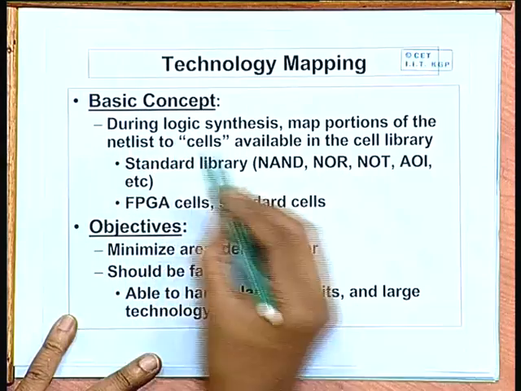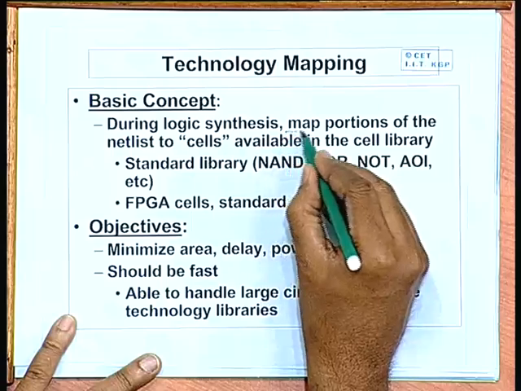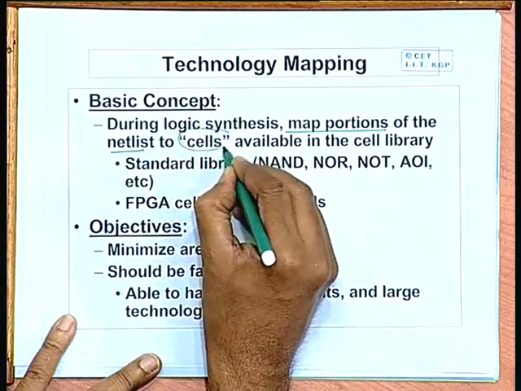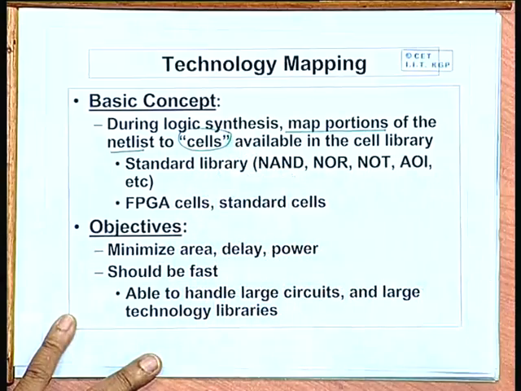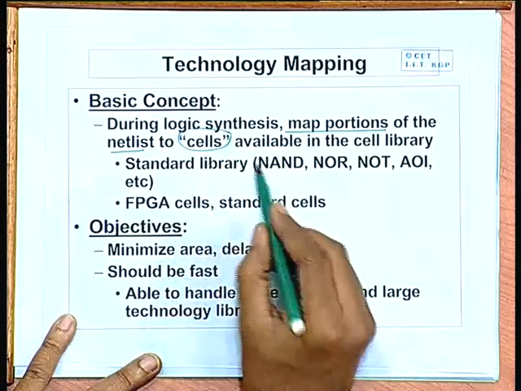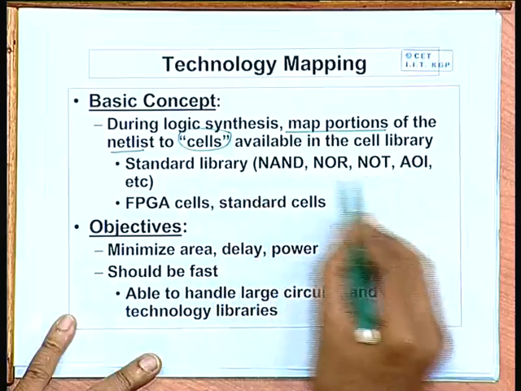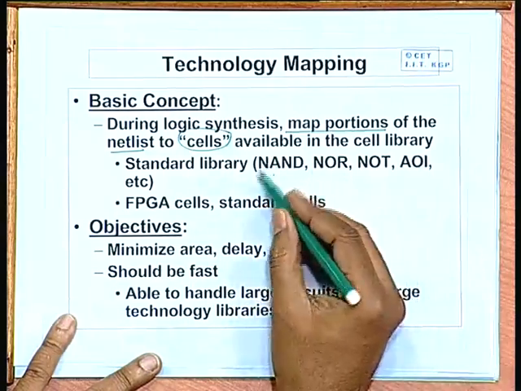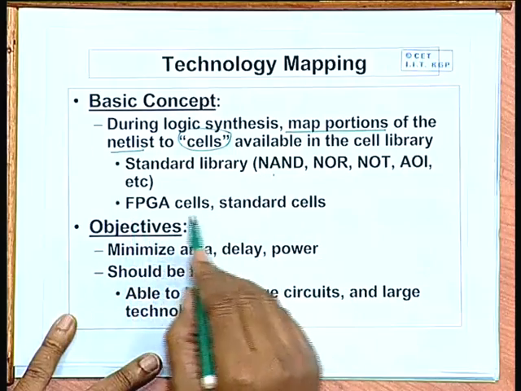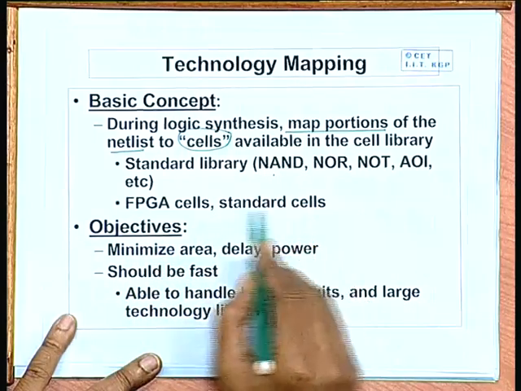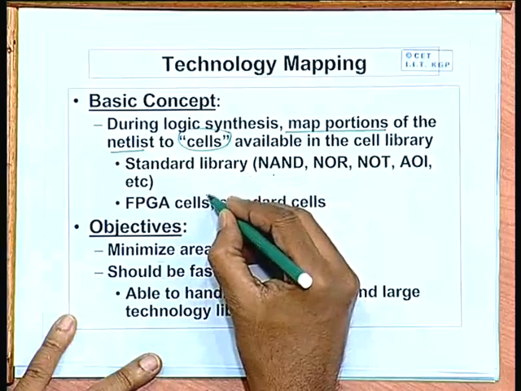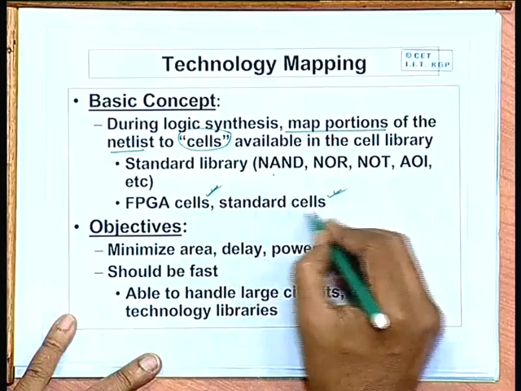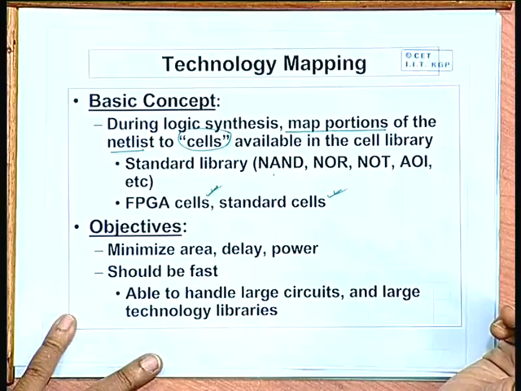The basic concept is that during synthesis we will have to map portions of the netlist to so-called cells which are available in the cell library. Cells can be the standard gates NAND, NOR, NOT, AND or invert, depending on the target where you want to map the design. If it is an FPGA, you can have FPGA cells, or you can have standard cells with basic building blocks like adders, multiplexers, decoders, etc.